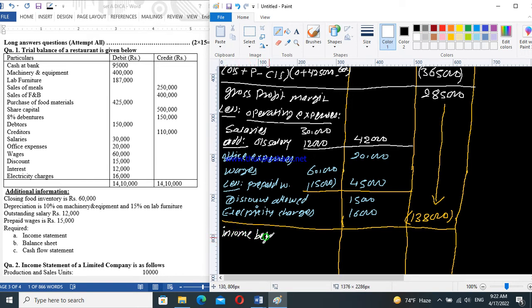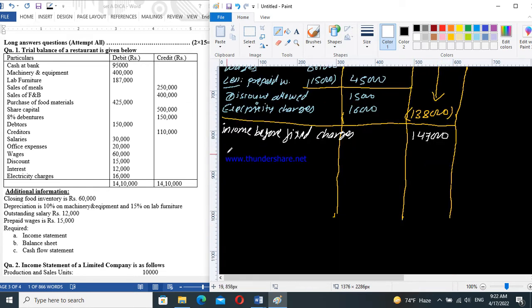Income before fixed charges: 285 minus 138 is 1,47,000.